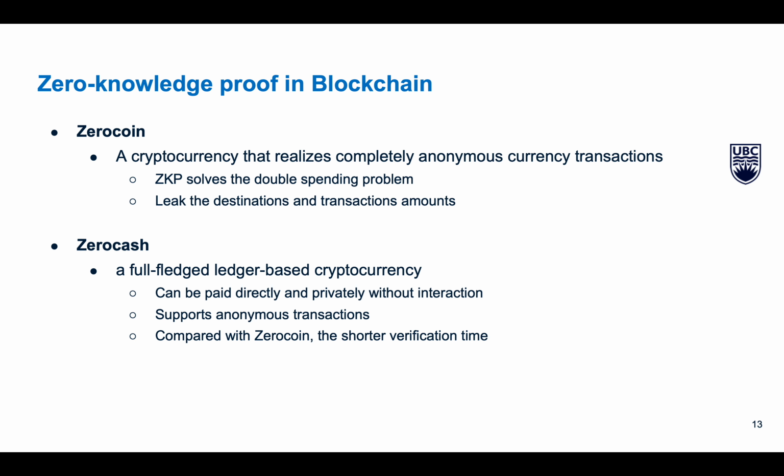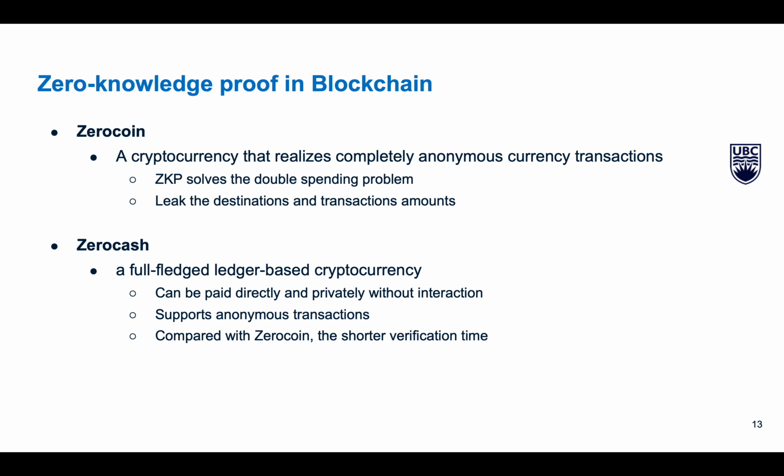And there are some zero-knowledge proof applications in blockchain. First is Zerocoin. Zerocoin is a cryptocurrency that realizes completely anonymous currency transactions. And ZKP solves double spending problems.